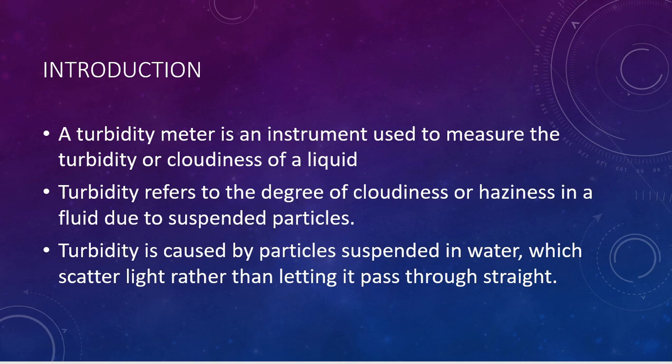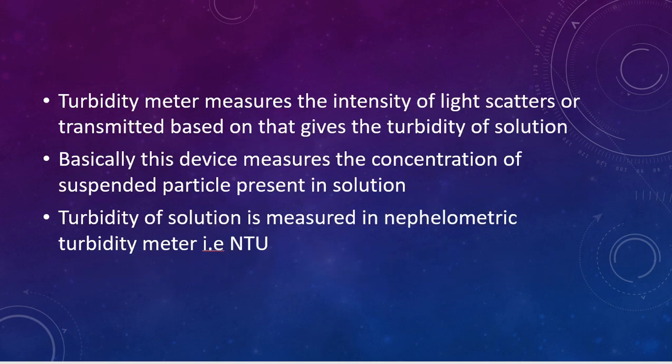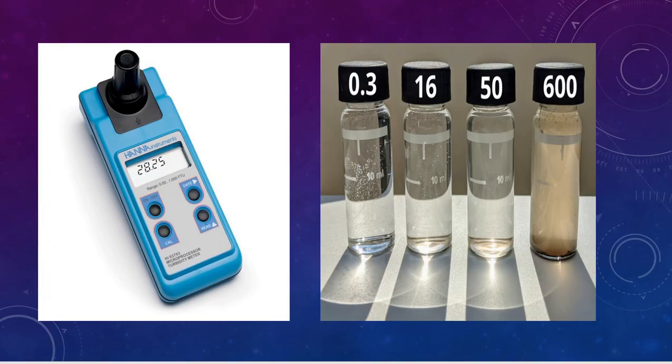So the turbidity meter measures the intensity of light scattered or transmitted, and based on that gives the turbidity of the solution. The unit used for the representation of turbidity is NTU, that is, nephelometric turbidity units. So indirectly, the turbidity meter measures the concentration of suspended particles present in the solution.